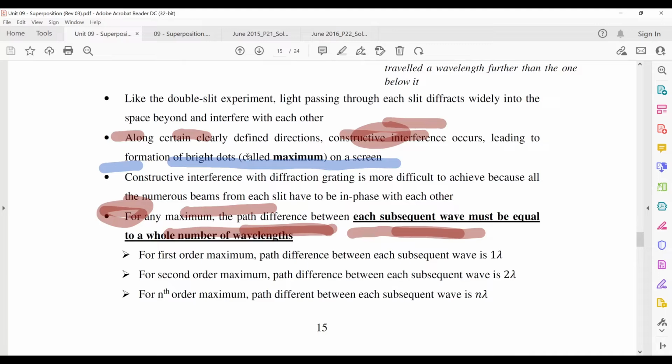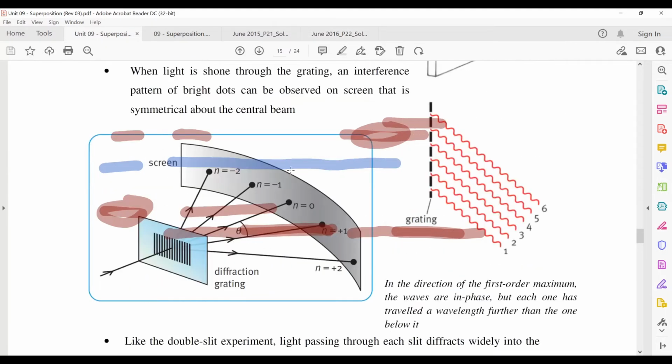So that one is this. When you want to form an interference pattern at any of the order number, say n is 1, all the waves from each of these slits here must arrive at this point and interfere with each other.